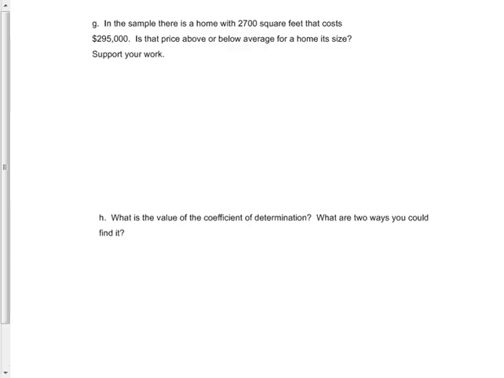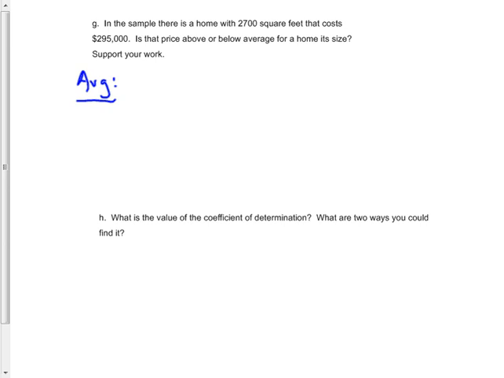Right, next it says in the sample there's a home with 2,700 square feet that costs $295,000. Is that price above or below average for a home its size and support your work? Okay. Well, let's figure out what we would consider average.